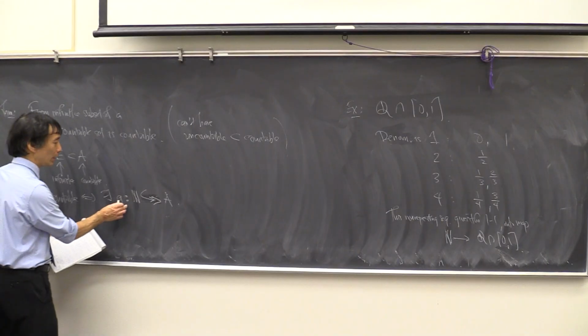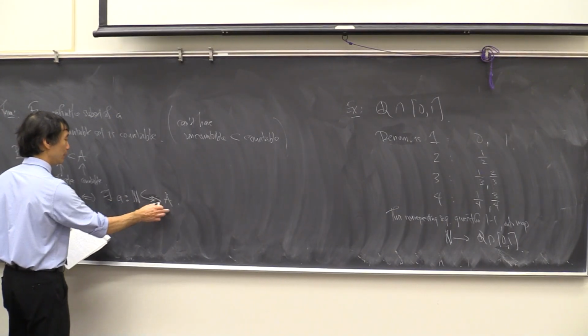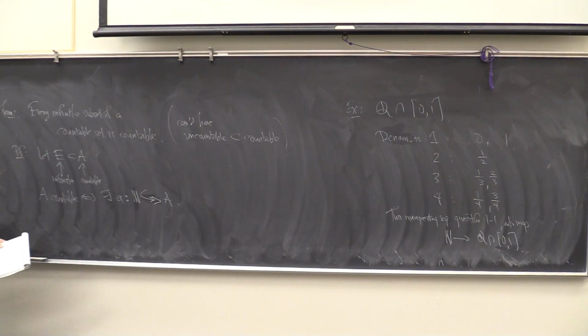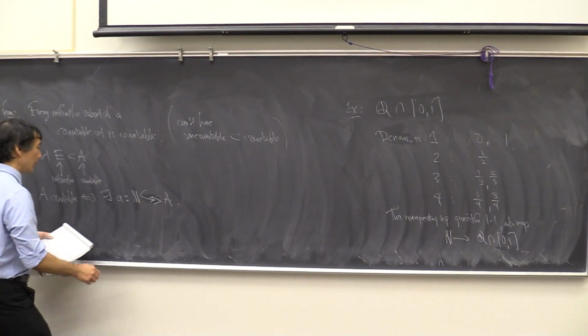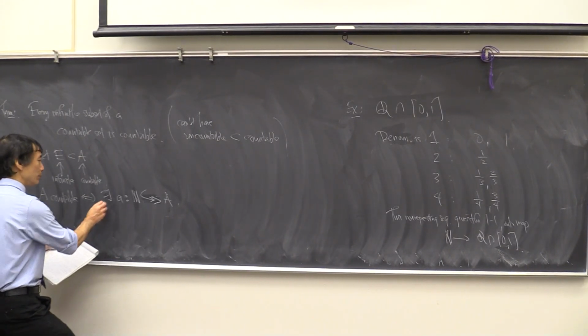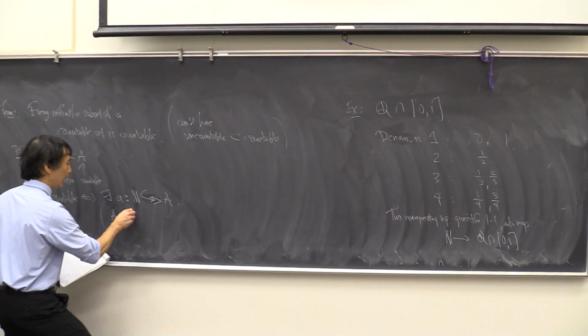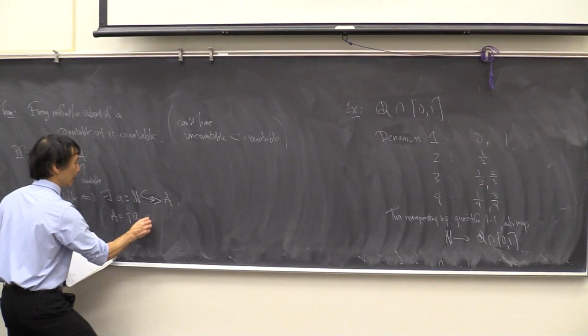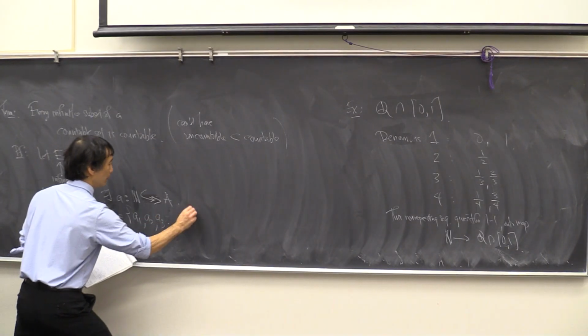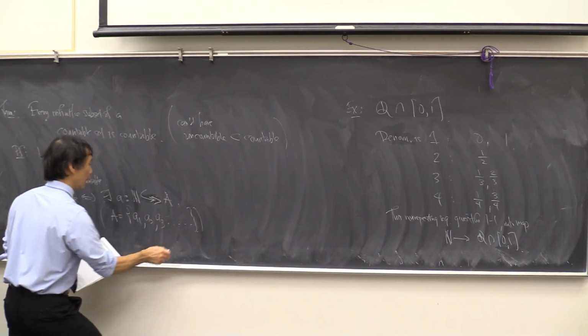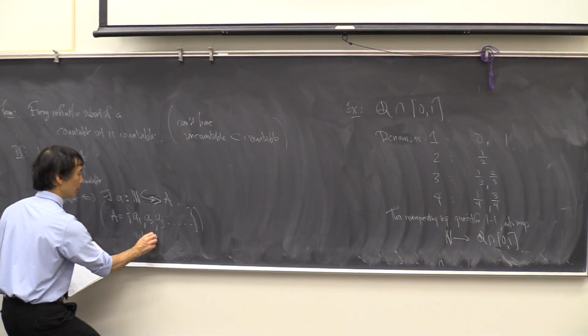So there exists a one-to-one onto map from N into A. Which is basically the same thing as saying that A can be written as some sequence, a1, a2, a3, and so on, where none repeat.